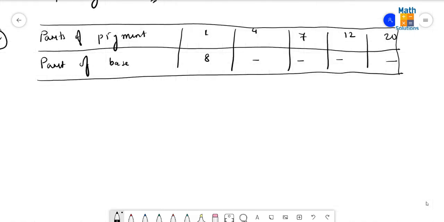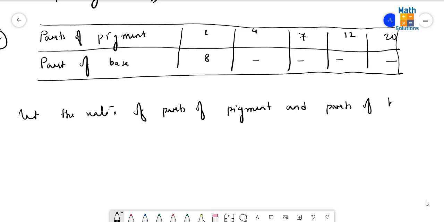So what we shall do here, the ratio of the parts of red pigment and the parts of base is to be taken as A by B. So we shall write, let the ratio of parts of pigment and parts of base be taken as A by B. So in the first case, what do we have? A by B we are getting as 1 by 8.